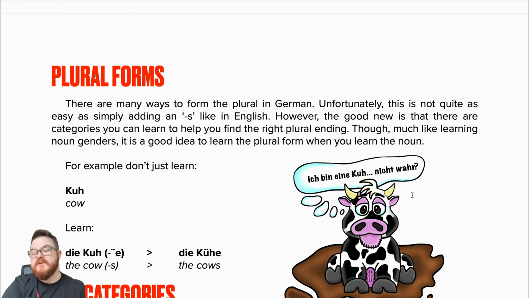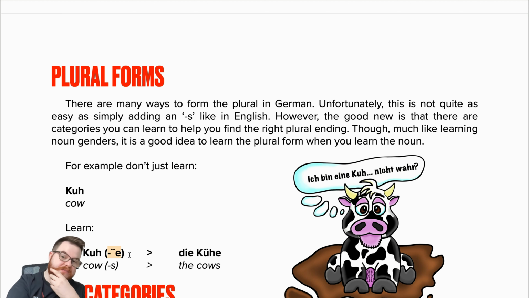I would also advise you to try to learn the plural form of the noun when you learn the noun. So instead of just learning the word Kuh, which means cow, it would be better to learn something like this: die Kuh, and then know its plural form. And this is what you'll often see in dictionaries.